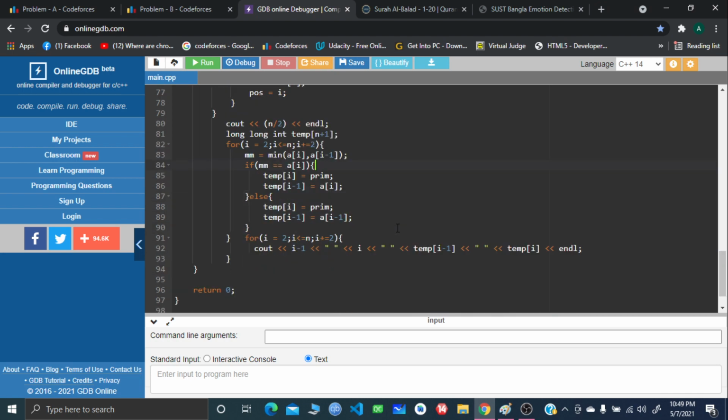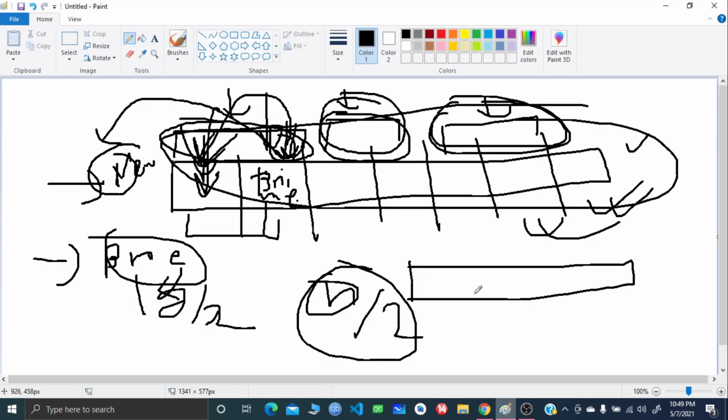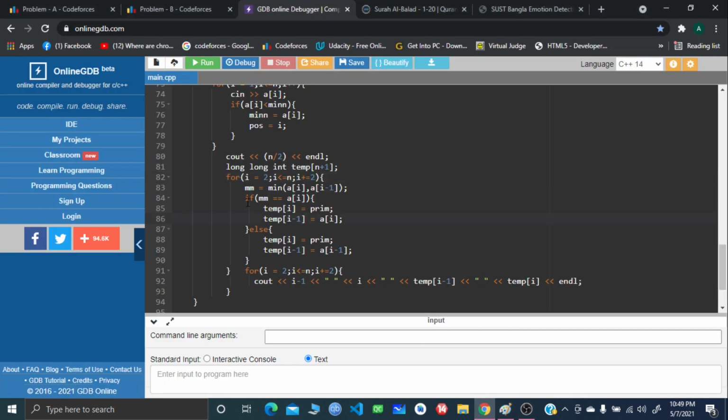And after that, what we're doing is building our new array. How are we building it? Just think about it. i is starting from 2 and incrementing by 2, which is basically trying to find the first 2, then the second 2, then the third 2, like that. Each time we're checking the minimum of a[i] and a[i-1].